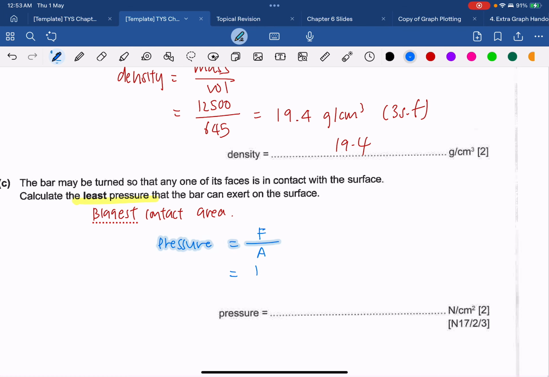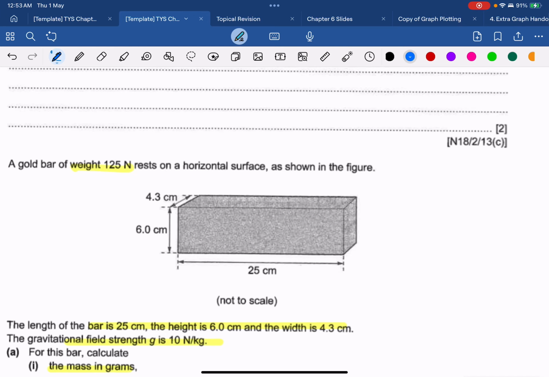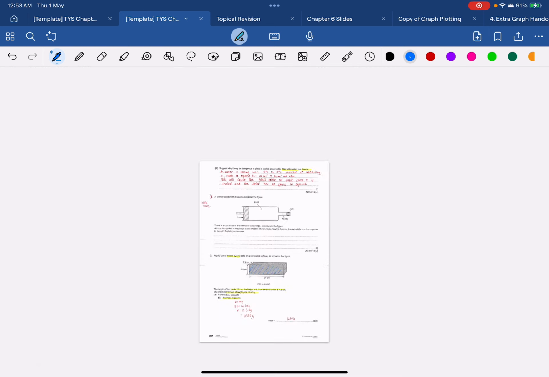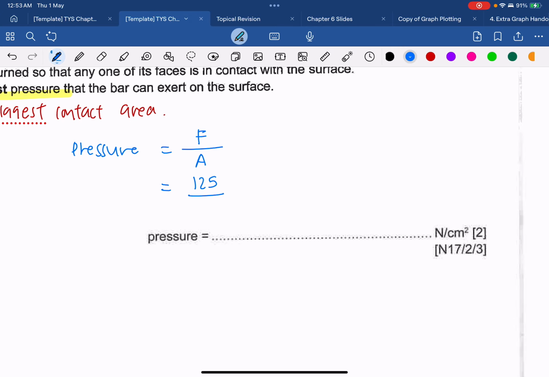Biggest contact area means it has to be on this surface, so 25 times 6. This gives me 125 divided by 25 times 6, which is 0.833.